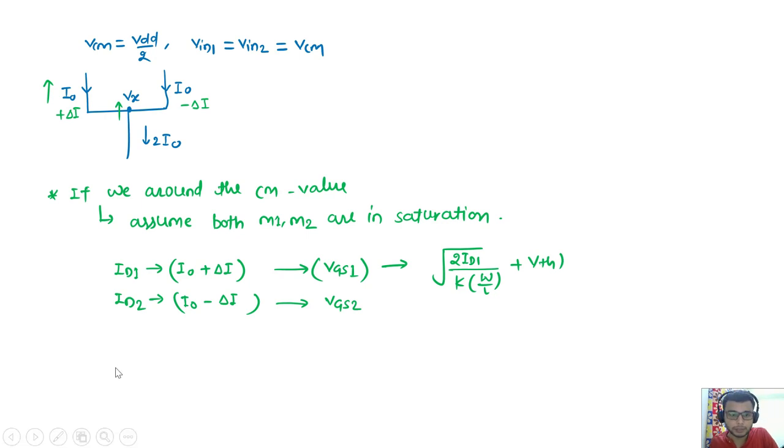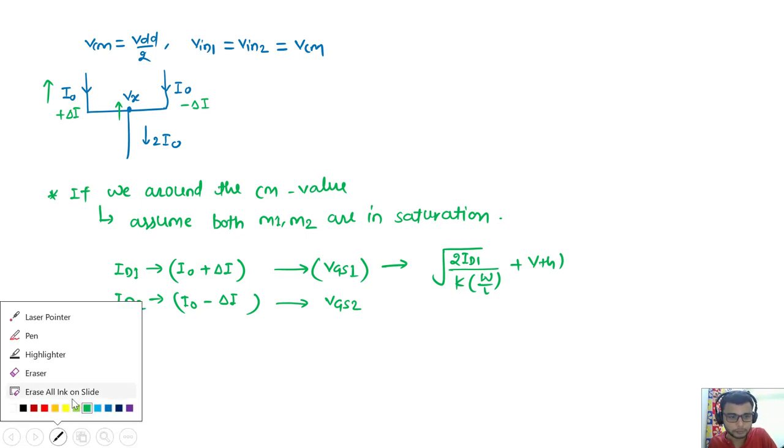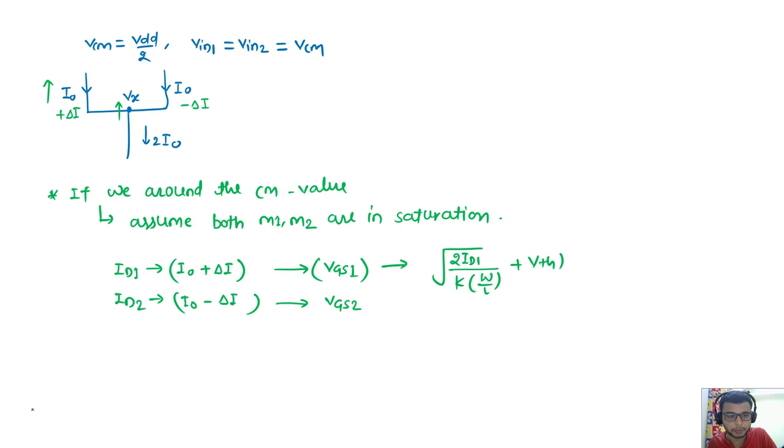If VGS1 is increasing and Vin1 is also increasing, then why is Vx increasing? We can see one thing here.